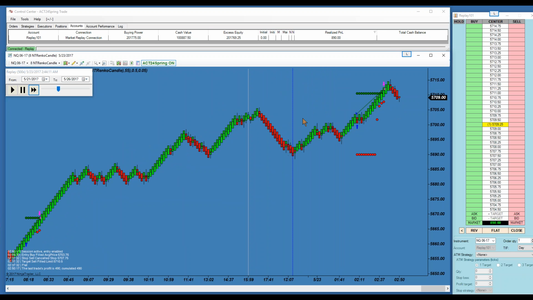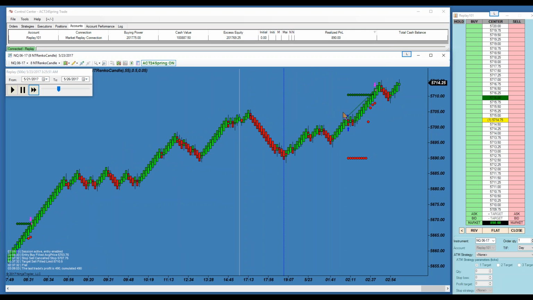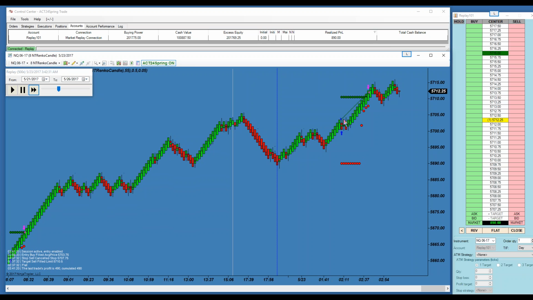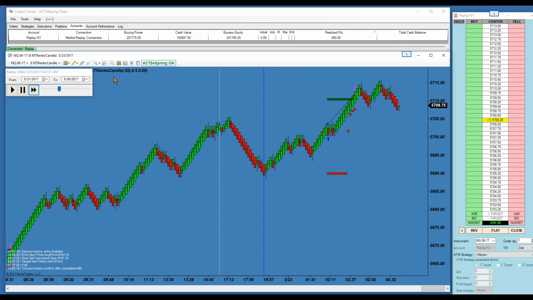Order filled. There you go. And when you see this, it's like, okay, we're getting in here, and that's the high, and how can it make a new high? Oh, no. And then you get a bar back and say, oh, no. And there it goes, straight on up. We cannot outguess the market.